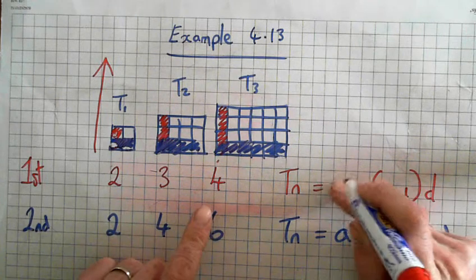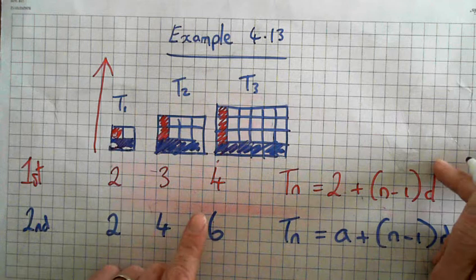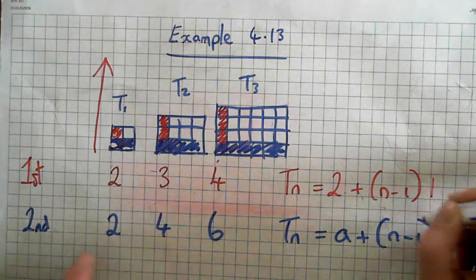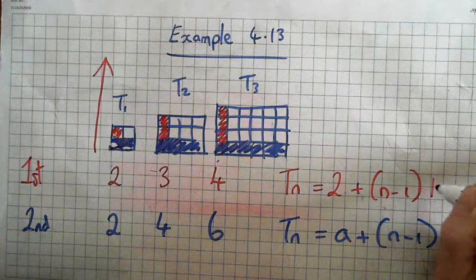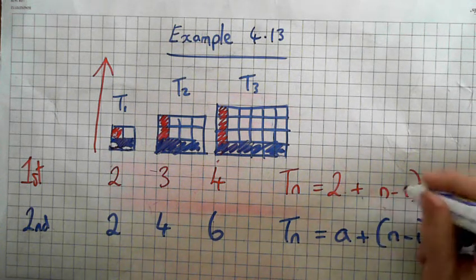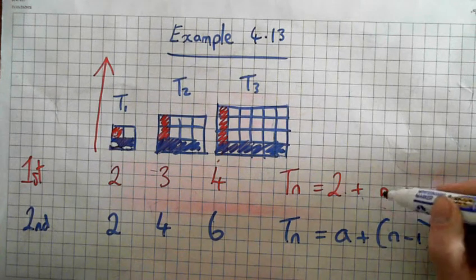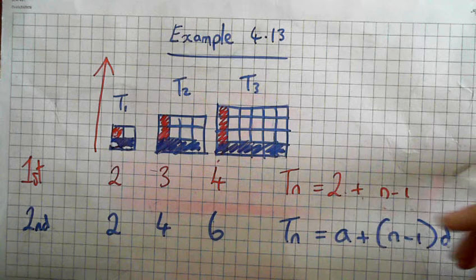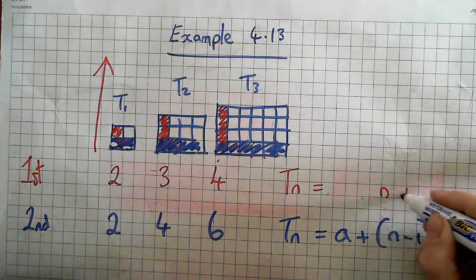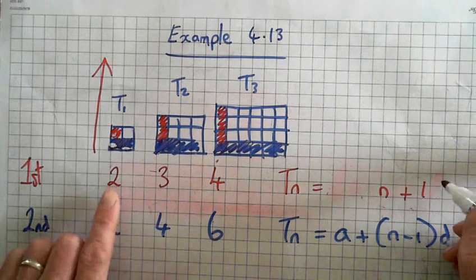Alright. So what's a in this sequence? 2. What's d? 1. We'll work it out now. So 1 times n is n, isn't it? And 1 times minus 1 is minus 1. So now we've got 2 minus 1. So we've got n plus 1 as the formula, isn't it?